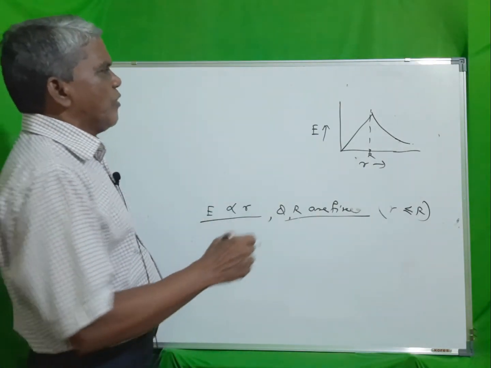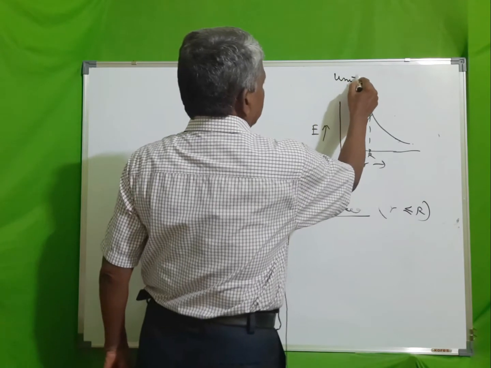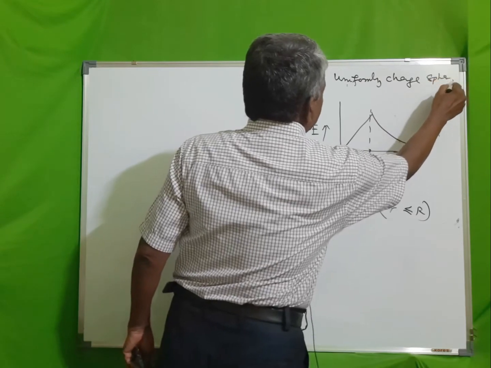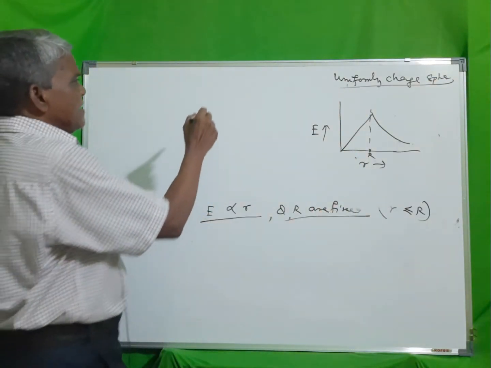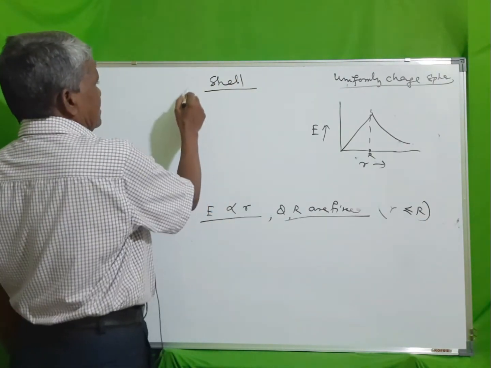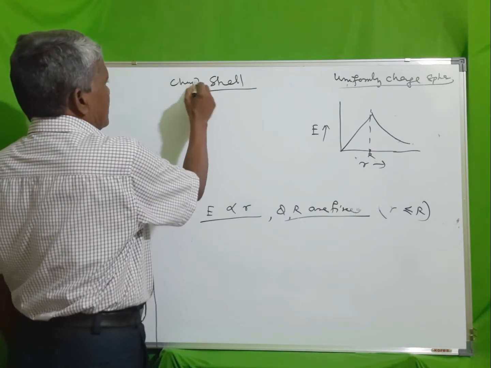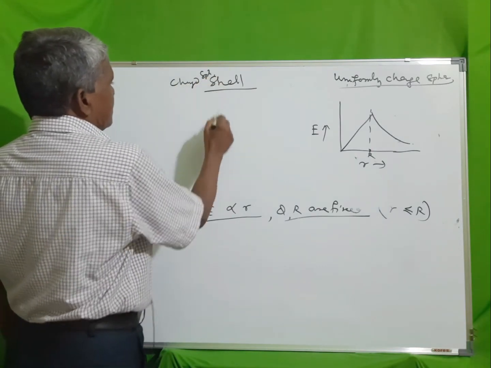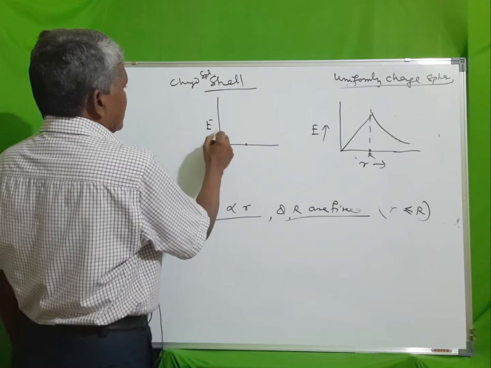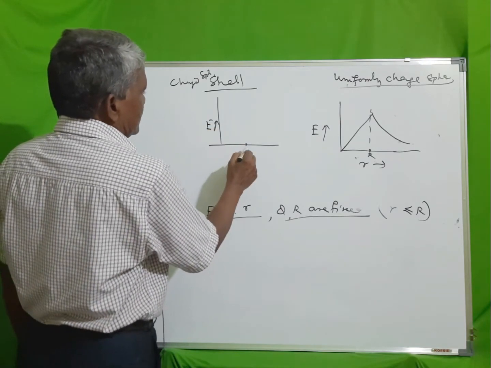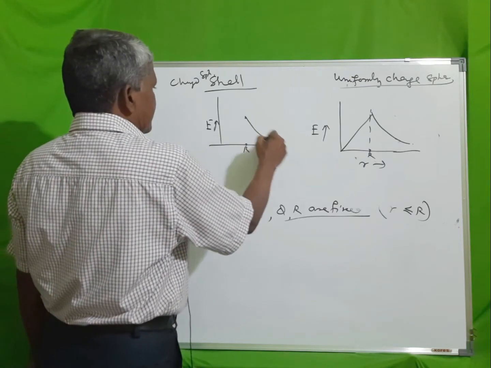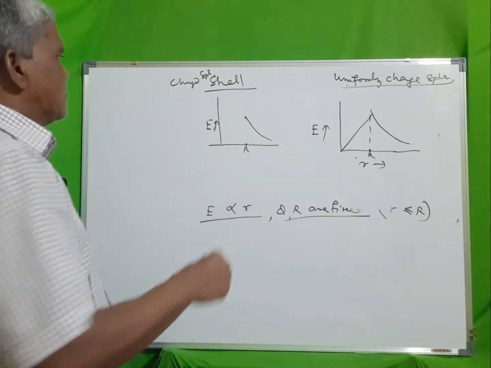This is the case of a uniformly charged sphere. But in case of a charged spherical shell, the electric field inside was 0, and on the surface it was a certain value, beyond which it follows the inverse square law.